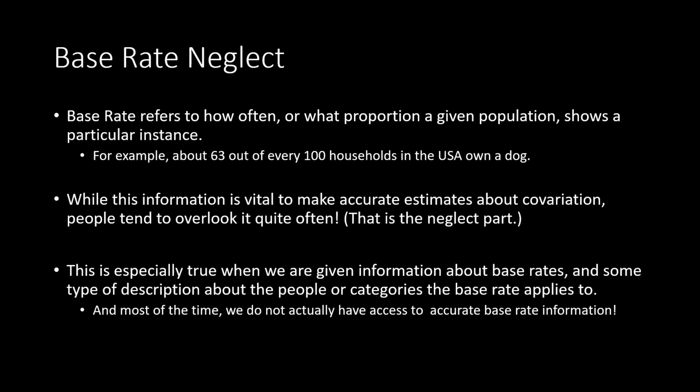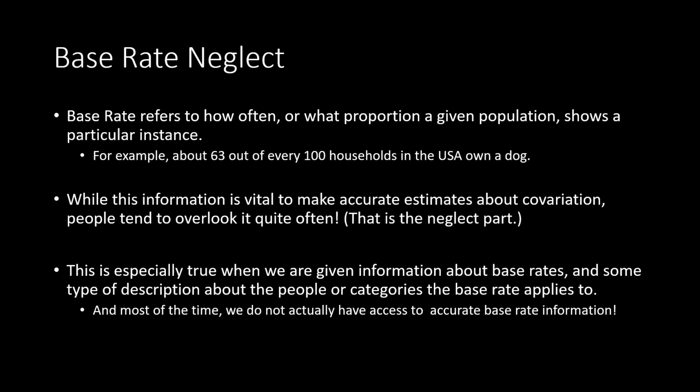Now, this gets compounded or becomes even worse when we are not only given base rate information, but we are given information in terms of a description or narrative about the people or categories that this base rate applies to. What I mean by this, well, actually I have a good example of this on the next slide.